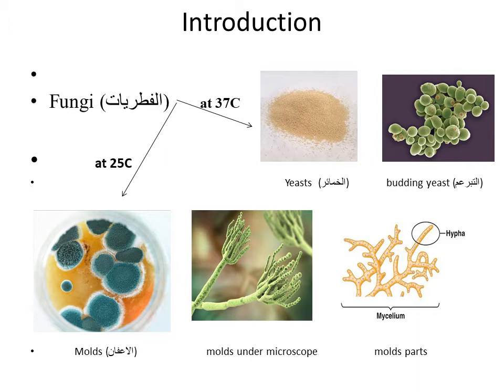Yeast are single-celled forms that reproduce by budding. A mold is a fungus that grows in the form of multicellular filaments called hyphae. Hyphae can be sparsely septate to regularly septate and possess a variable number of nuclei.